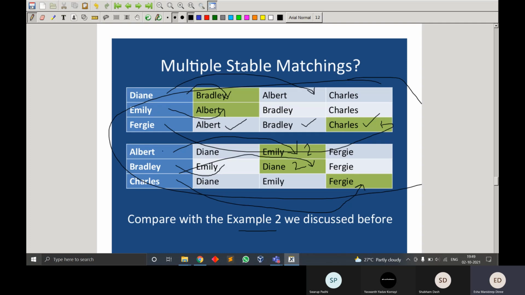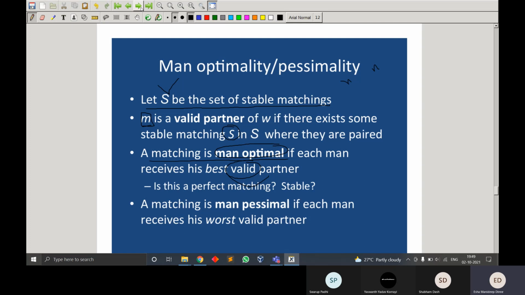In this scenario, Albert's worst valid partner should be Emily. Bradley's worst valid partner should be Diane, because whenever he matches with Fergie, there will be a blocking pair. Out of all valid matchings, the person with the least preference is Emily.